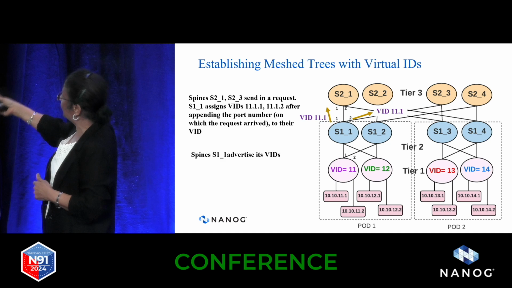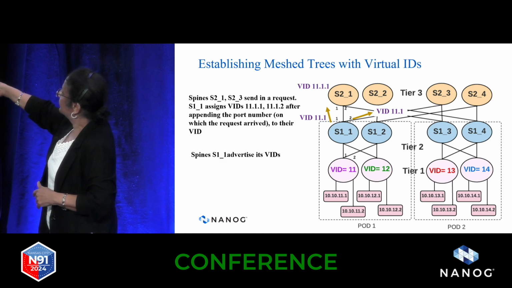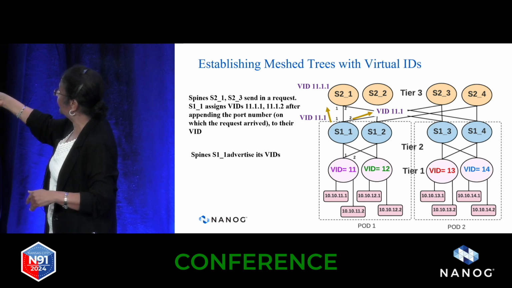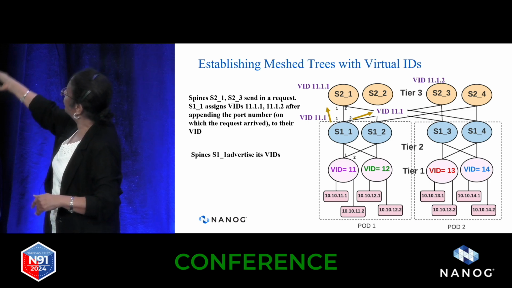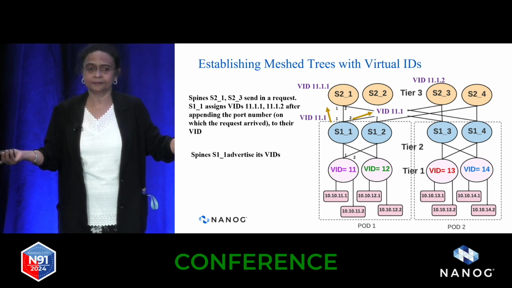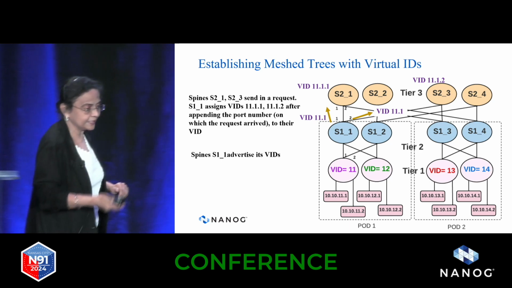And then S11 will assign its VID appended by the port number on which the request came, 11.1, and then 11.1.2. It's as simple as that, done. No route discovery, nothing, and all the paths are established.